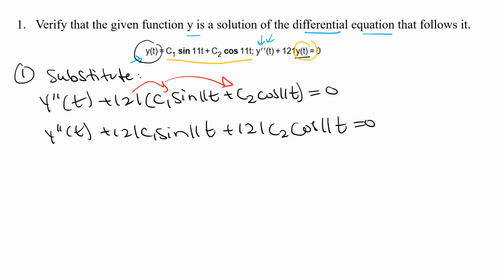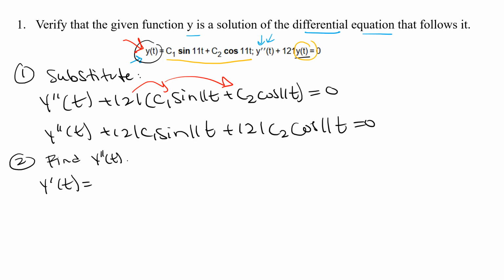All right, so now that we have that, the next step is to find our second derivative function, okay? So how will we do that? Well, when we look at our y of t function, we need to first find the first derivative of that, okay? So let's see if we can remember how to find the derivative of a function.